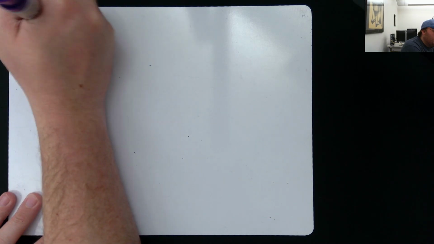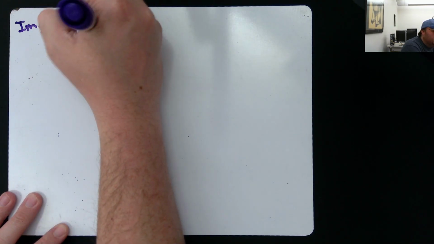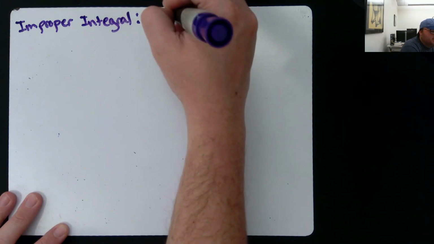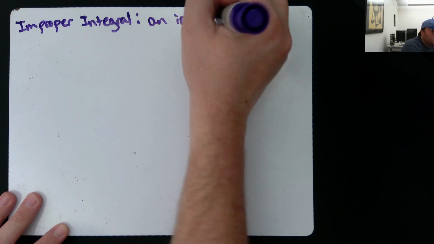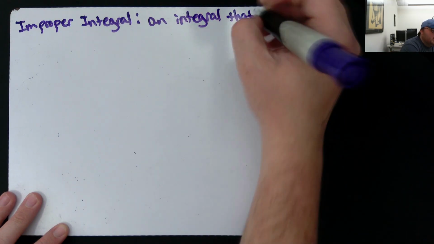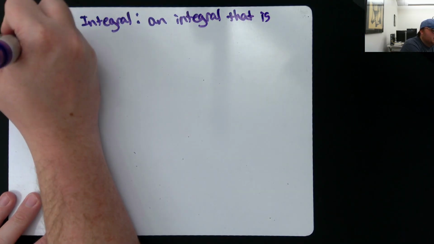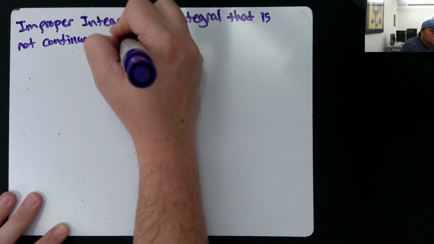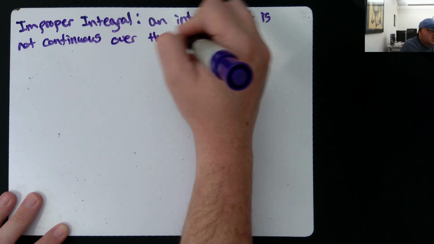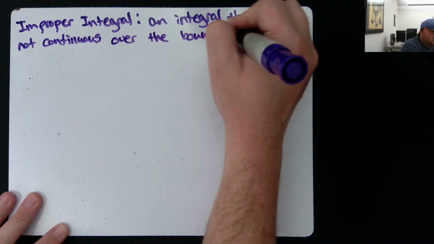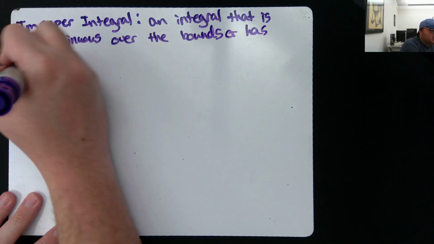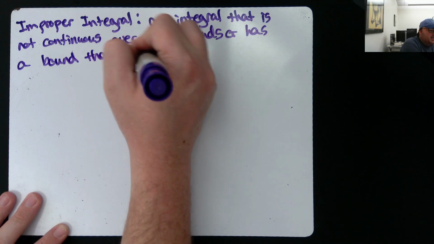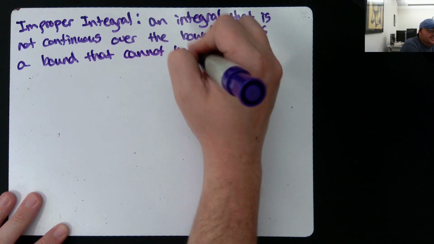An improper integral, that is an integral that is not continuous over the bounds, or has a bound that cannot be plugged in.